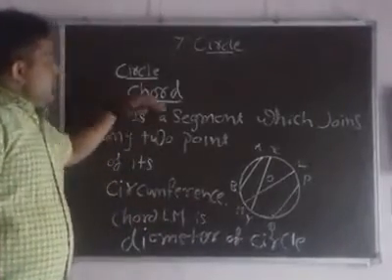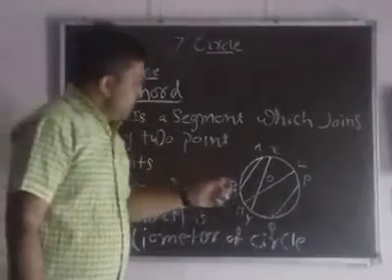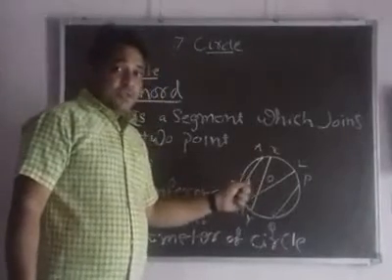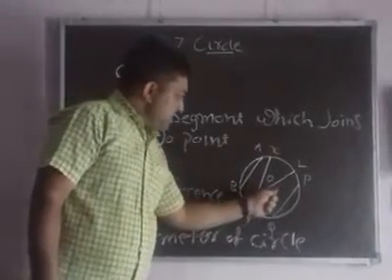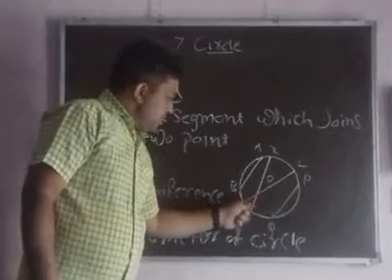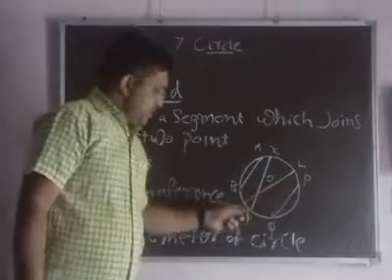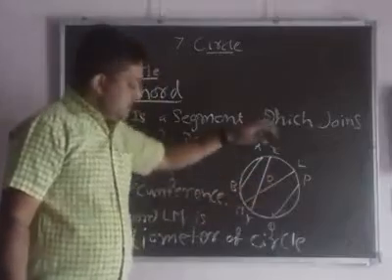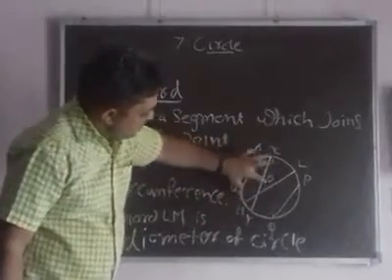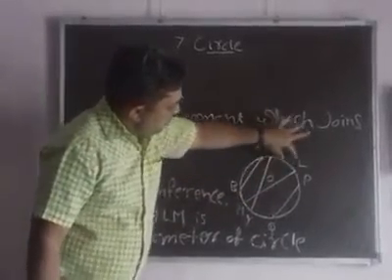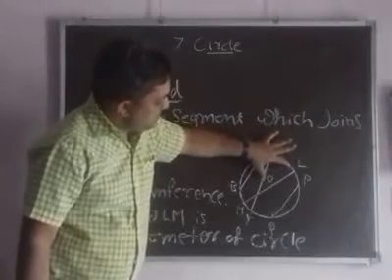Before this chord, we have seen the radius. What was the radius? A radius was a segment which joins the center of the circle to a point on its circumference, meaning any point on its circumference. So OM will be a radius, OL will be a radius.